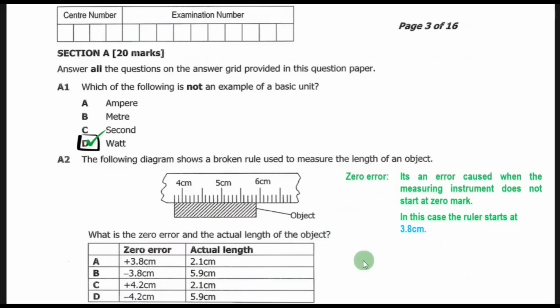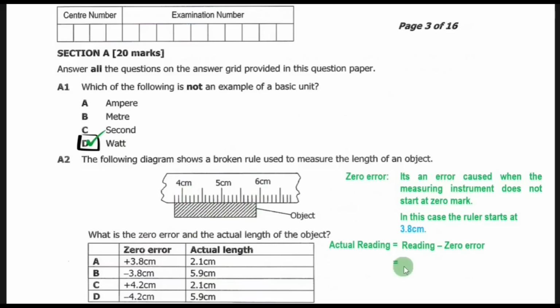So then the actual length or reading here is equal to the reading shown, the reading that we can see here, minus the zero error. So the reading is, when you look at this line here where the object ends, from here to here, if this is a 4, then we have 4.1, 4.2, up to 5.9.